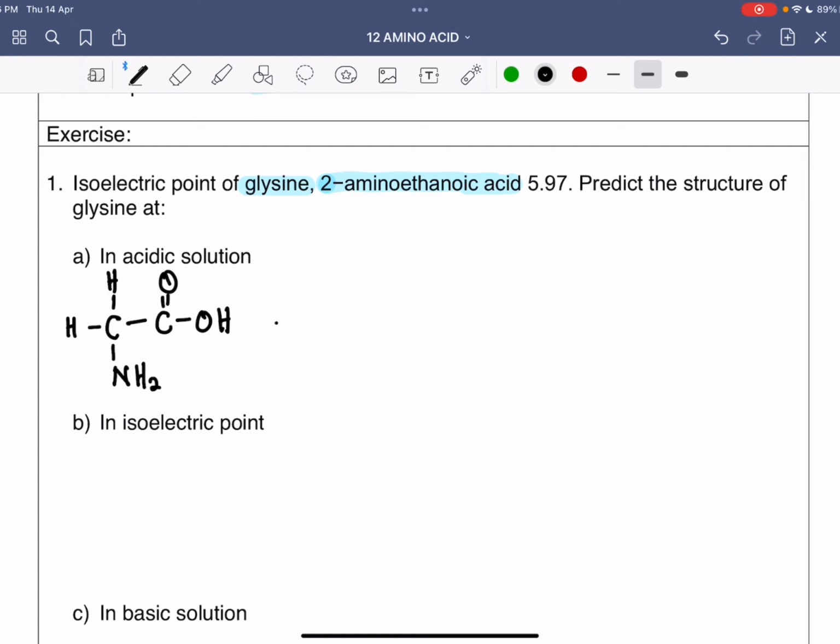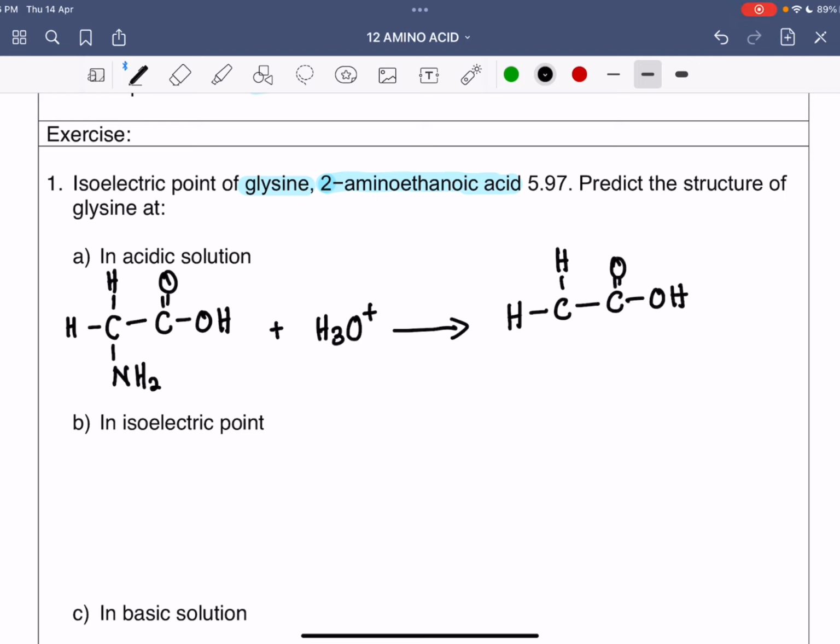When it reacts with acid, what will happen? So we are going to get H, C, H, C double bond O.